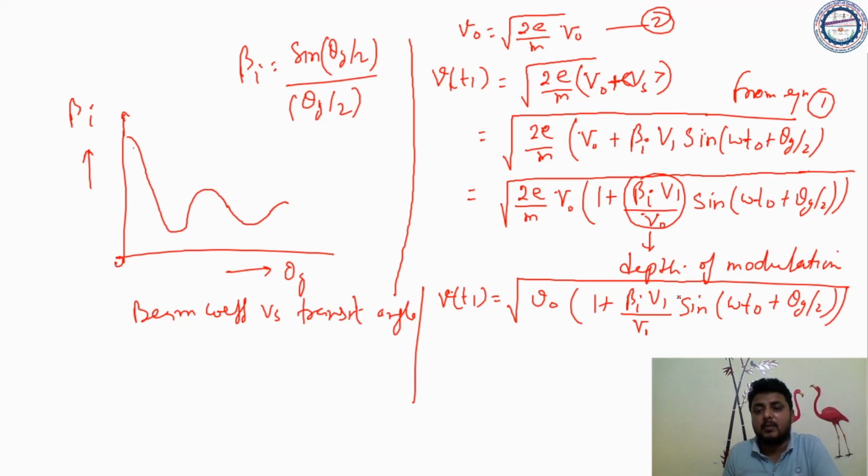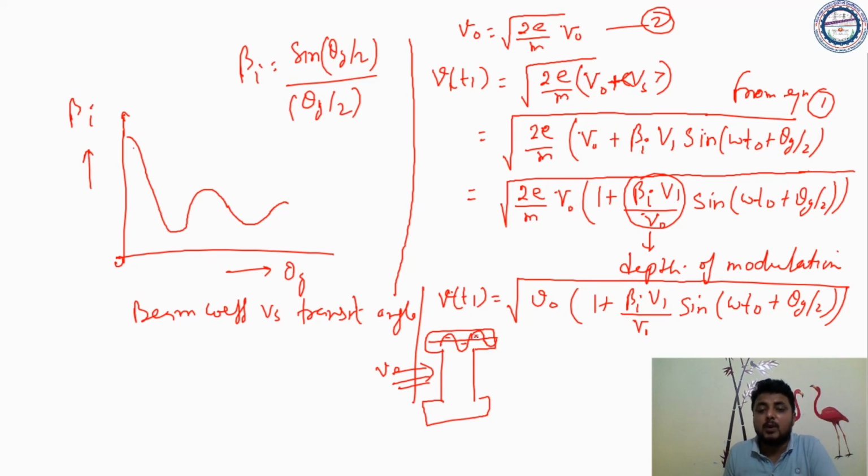Already while discussing I have told you that this is suppose the gap of the reentrant cavity, and the electron which is coming with uniform velocity V naught comes to this gap, and in this gap we have Vs. So in the positive half cycle what will happen, in the negative half cycle what will happen, you can see in this equation.